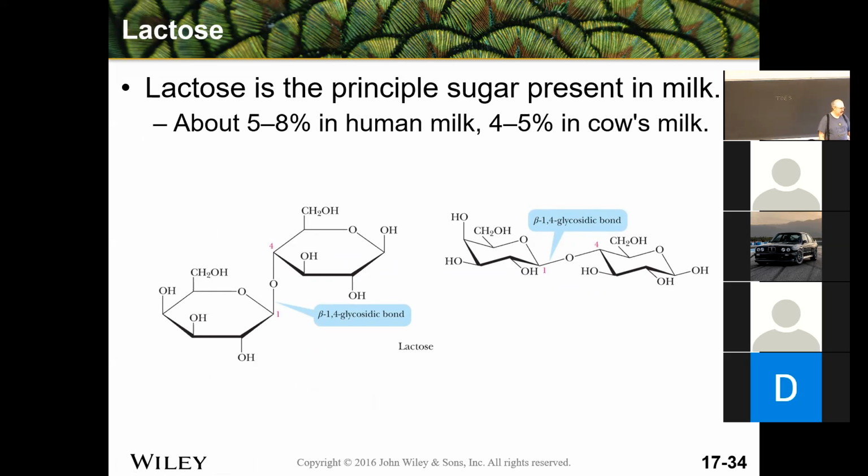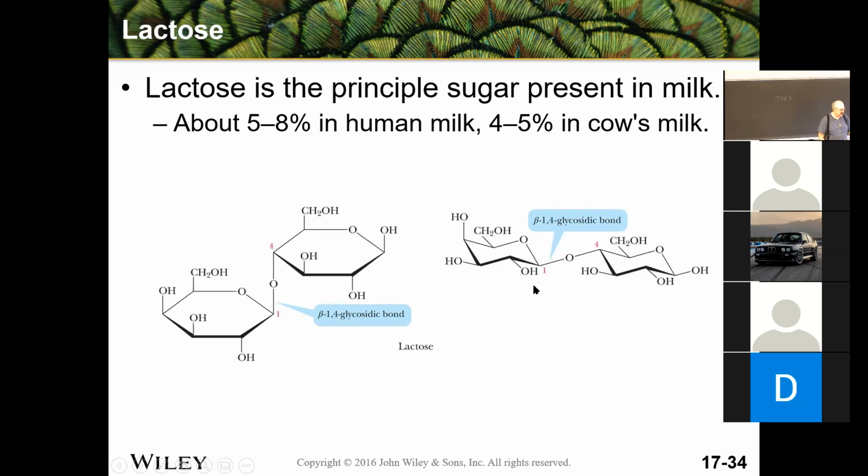All right, here's another disaccharide. This is lactose. Lactose is the principal sugar present in milk. It's about 5 to 8% in human milk, 4 to 5% in cow's milk. Glucose is here on the right, but then on the left we have the monosaccharide galactose.